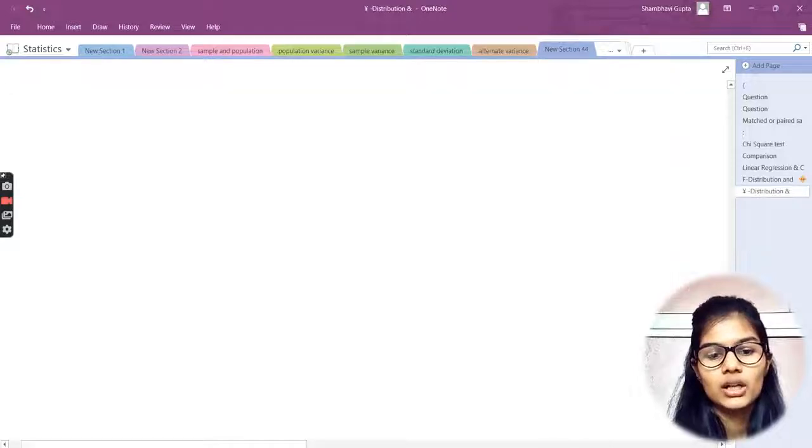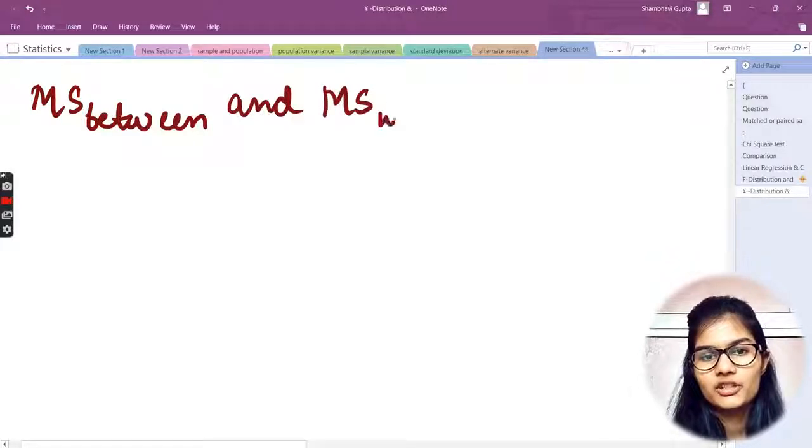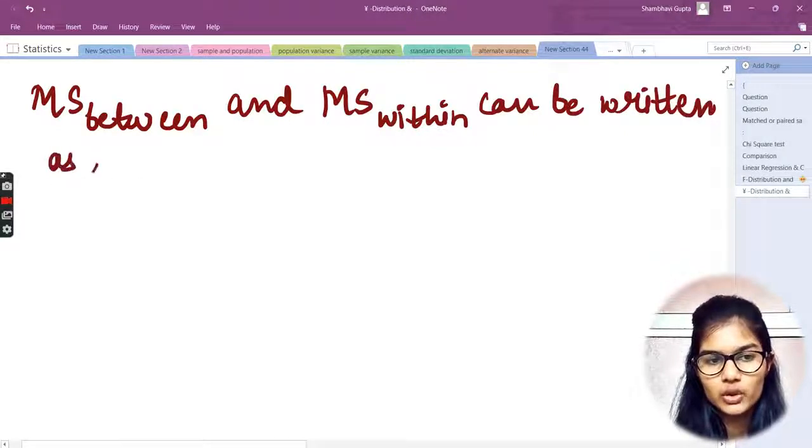Now MS and DF can be written in another way. I will show you. The MS between and the MS within can be written in two ways, as follows.